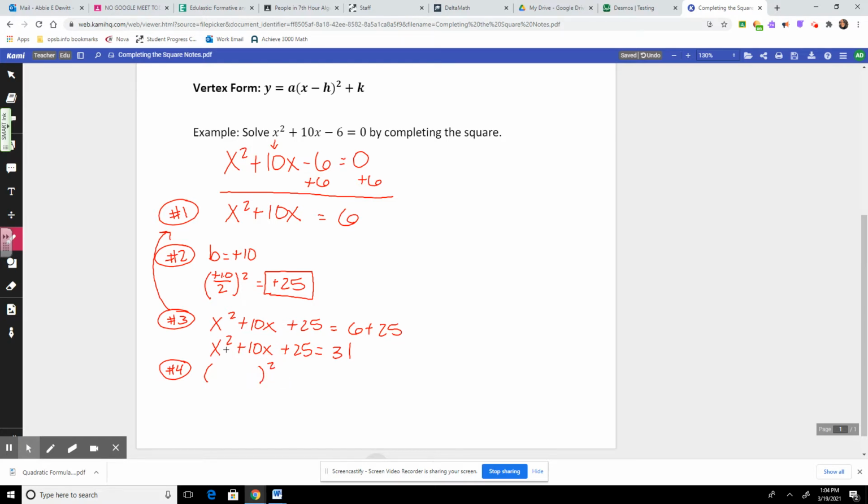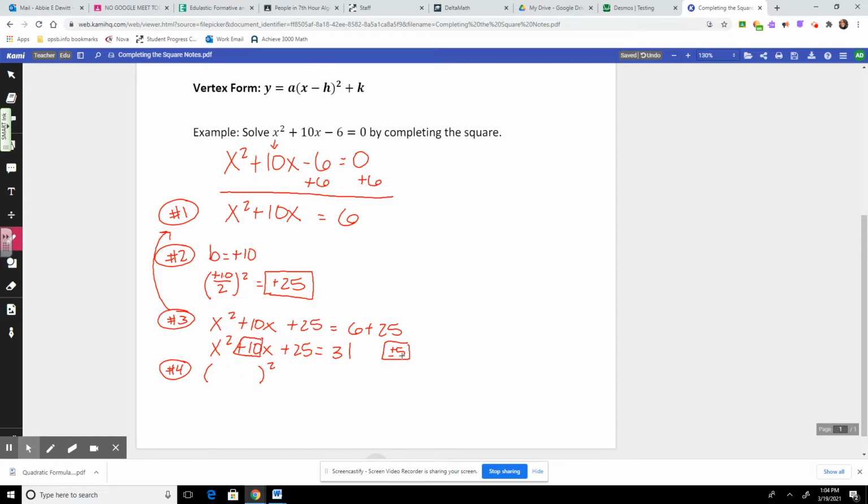Well, you should know, thinking back to our factoring unit, this is a perfect square, because what's the square root of 25? The square root of 25 is positive negative 5, right? I need numbers that add to get positive 10.